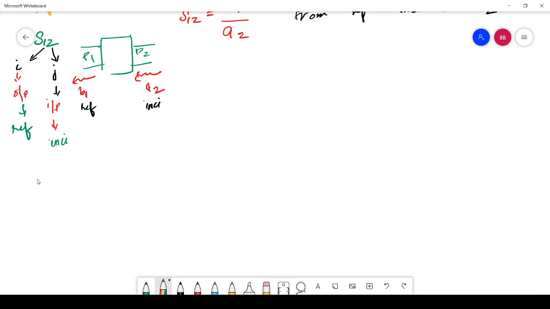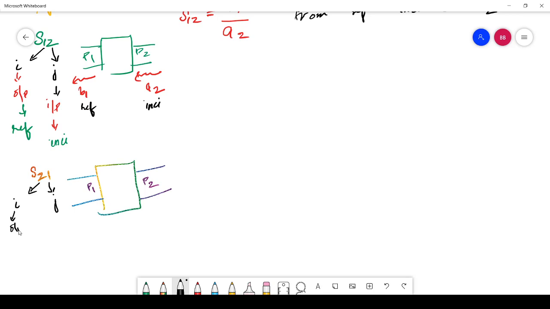So we will see S21. So this is my port 1 and this is my port 2. Okay, so 2 is my I, 1 is my J. So I is my output, J is my input. When I say input, that is your incident wave.